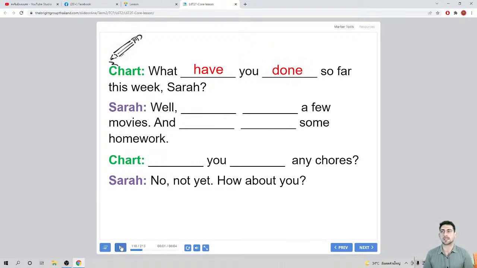The past participle of the verb to do is done. The past simple is did. We never say, what have you did? That is not correct. We will have to use what have you done whenever we want to ask about a recent action in the past. What have you done so far this week, Sarah?